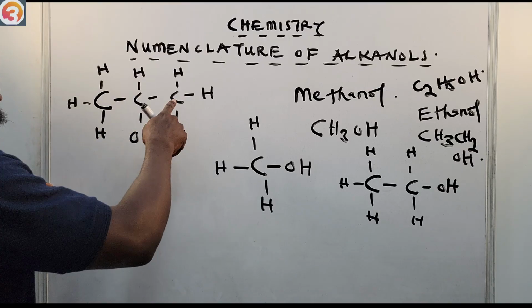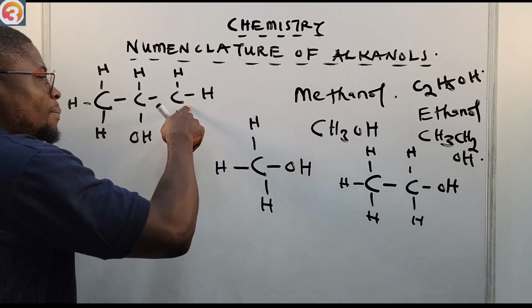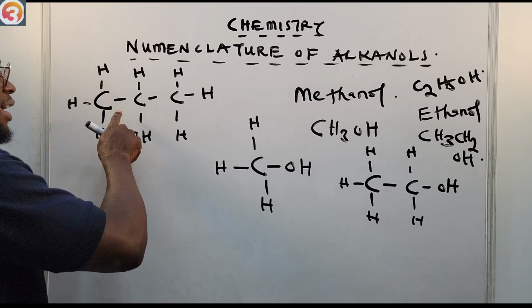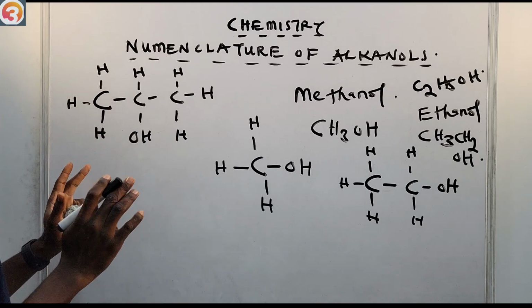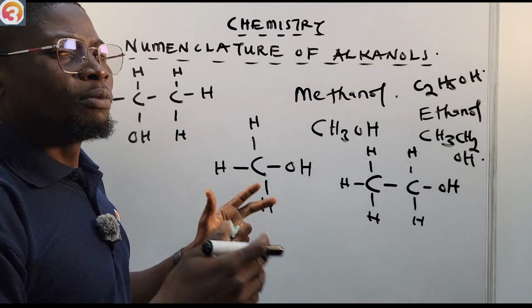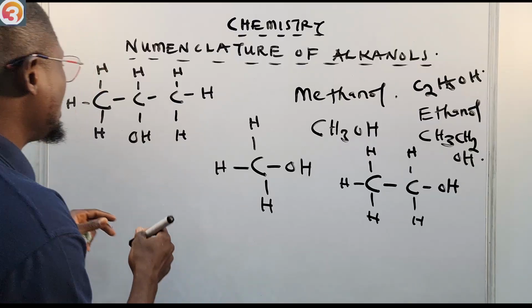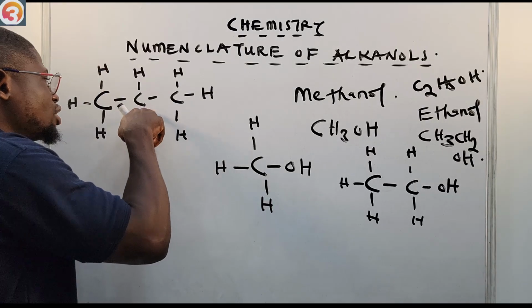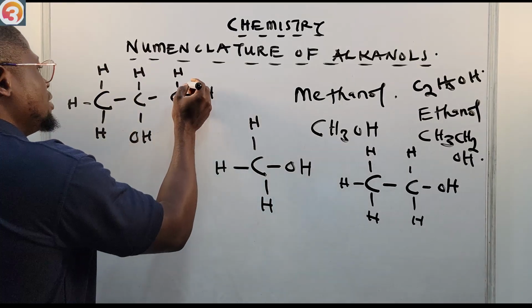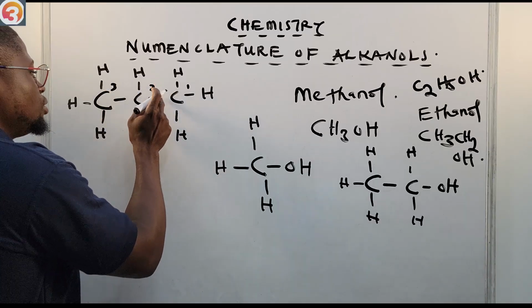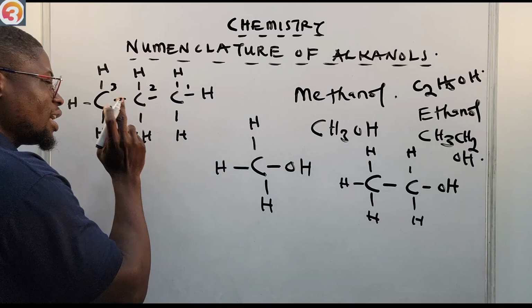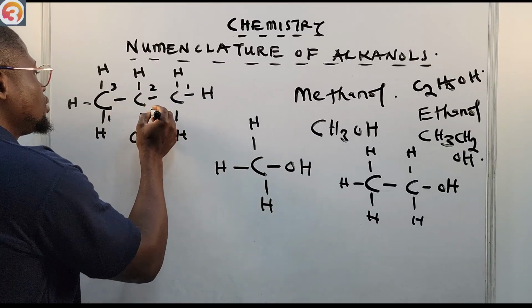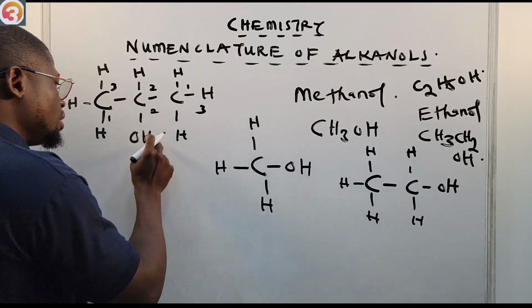Okay, so now let us see. If we number from here 1, 2, 3, first of all, we know that there are 3 carbon atoms here. So that is prop, from propane. But the OH is on the second carbon. If you number from here to here 1, 2, 3, it will still be 2. If you number from the other side 1, 2, 3, the OH group will still be on the second carbon.